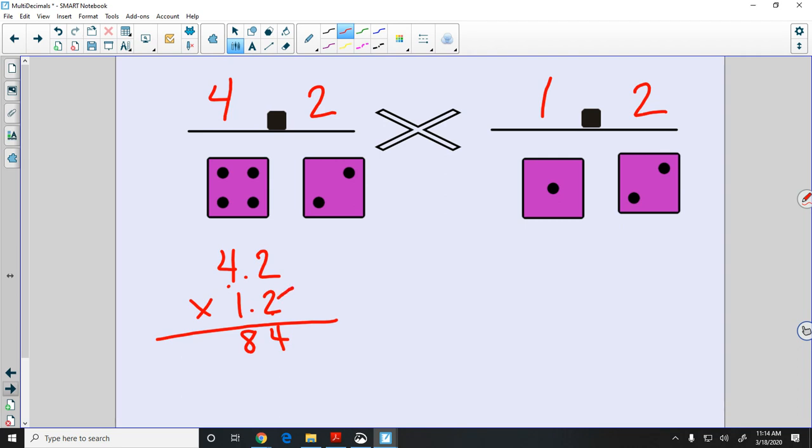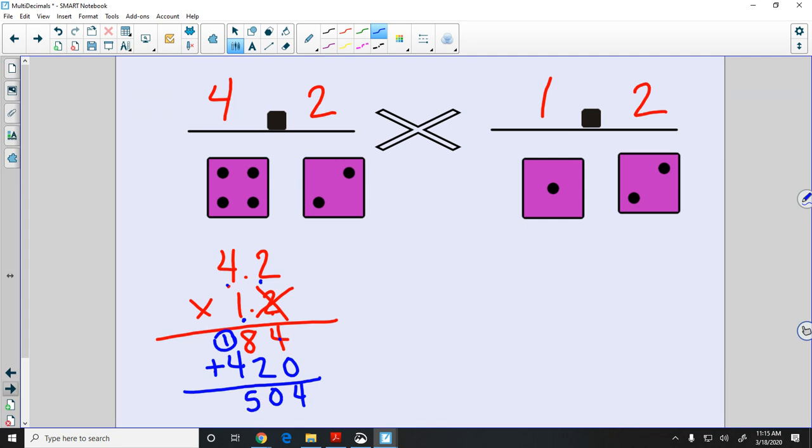There's no other numbers, so we're done with this 2. Now I forgot something: we have to add a 0 right here. So now I can go 1 times 2 is 2. 1 times 4 is 4. Now I can add those up. 4 plus 0 is 4. 8 plus 2 is 10. Carry your 1. 4 plus 1 is 5.